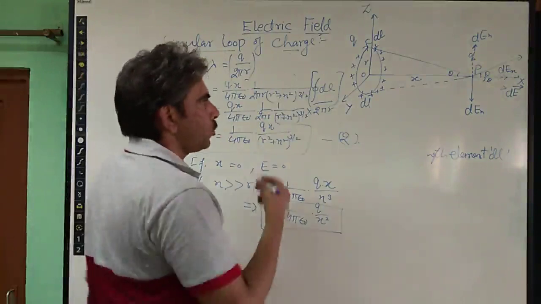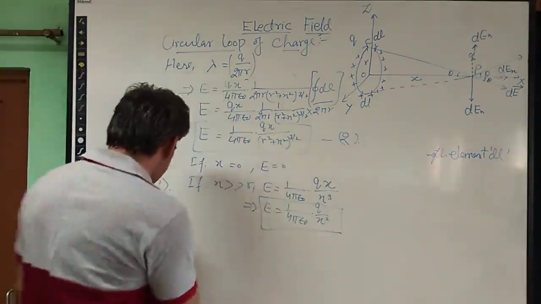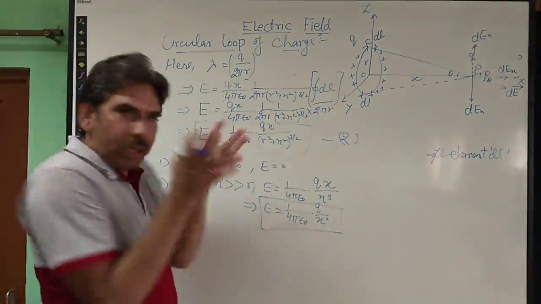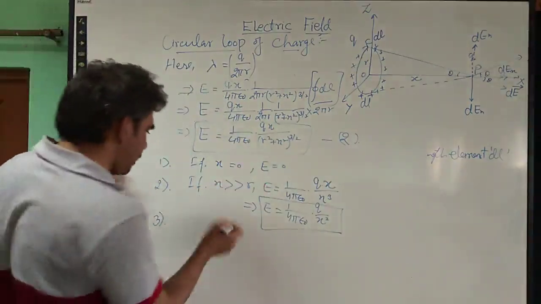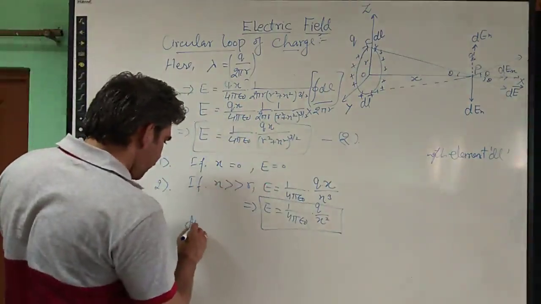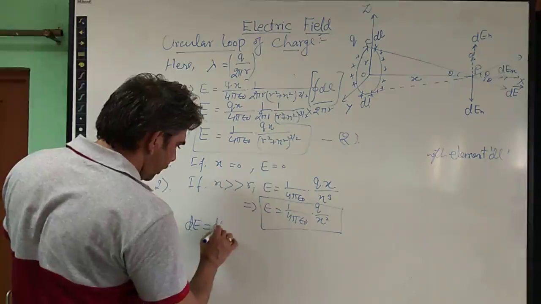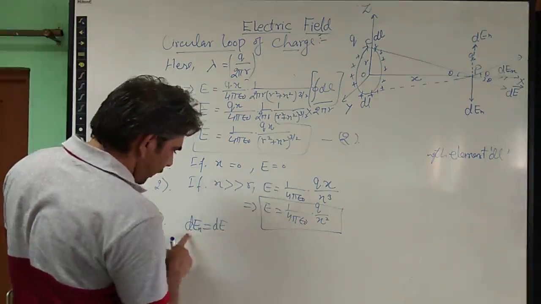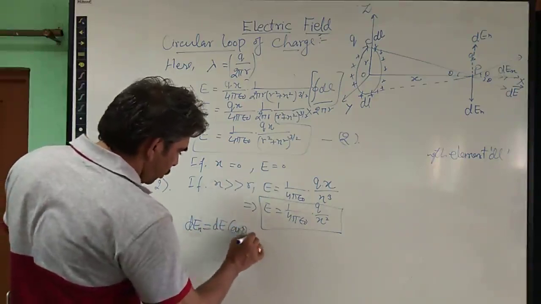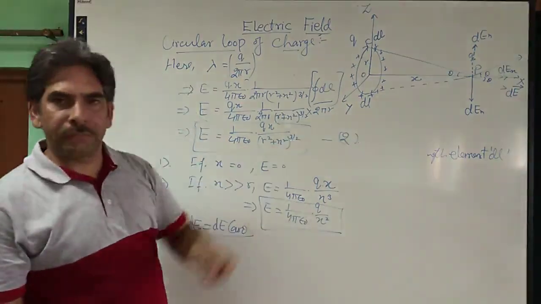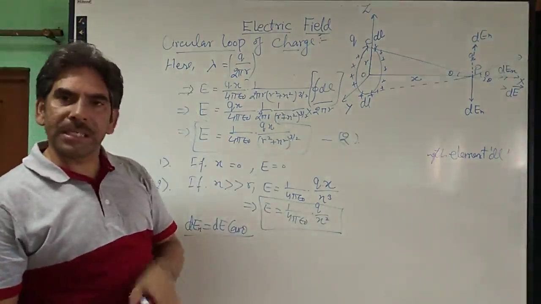One more thing I want to make clear, the third case, because the only component which is left is along the x direction. So dEx is equal to dE cos theta. So only the x component is left. The normal component is cancelled out every time.